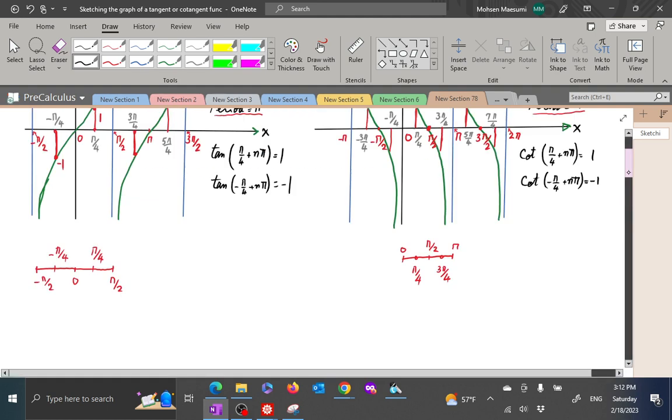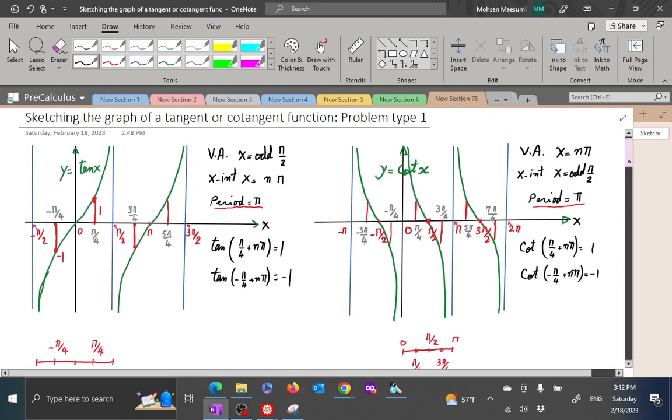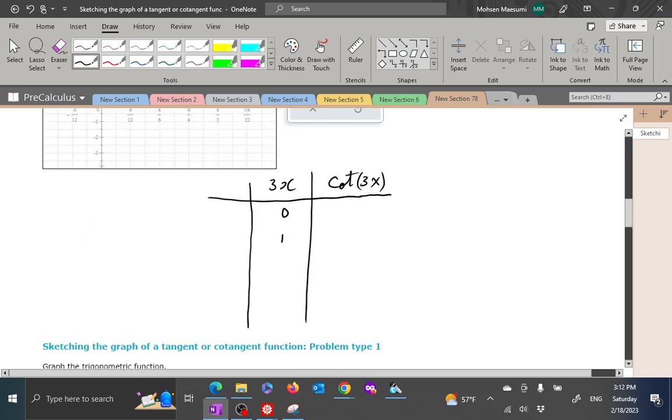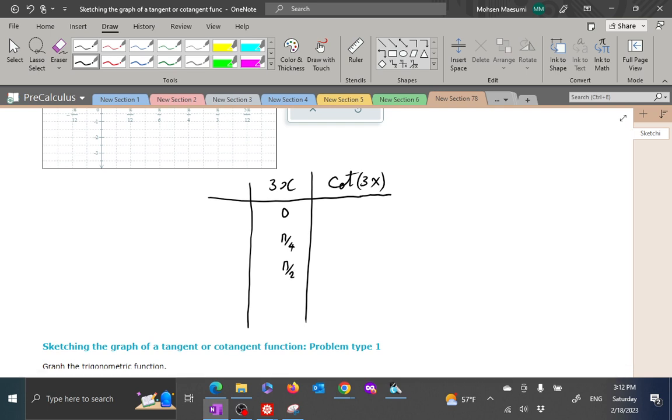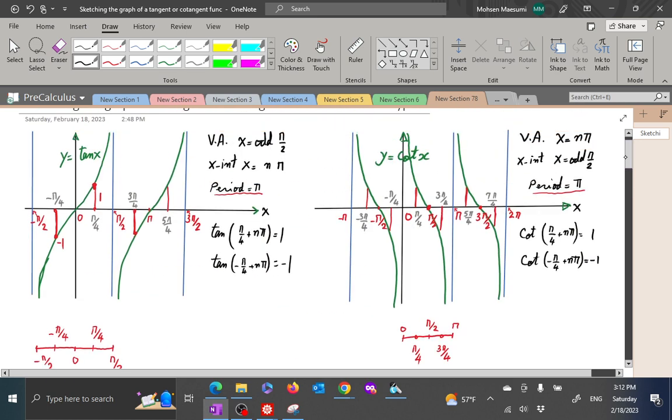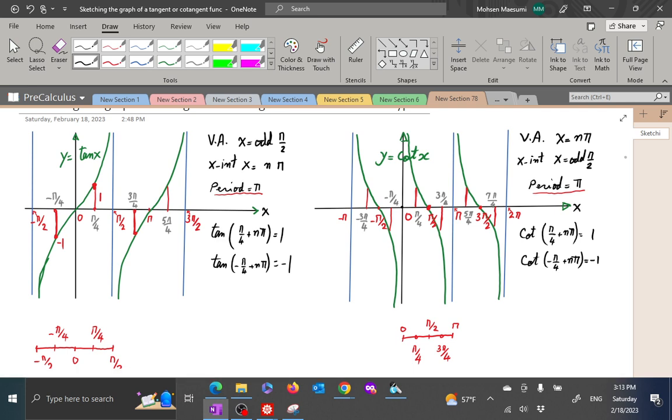So for cotangent, we're going to go from 0 to pi: 0, pi over 4, pi over 2, 3 pi over 4, and just pi. Okay, cotangent of 0. Now notice we have a little bit of an issue here. At 0 itself, we go to infinity. But if you look at the other side, you go to minus infinity.